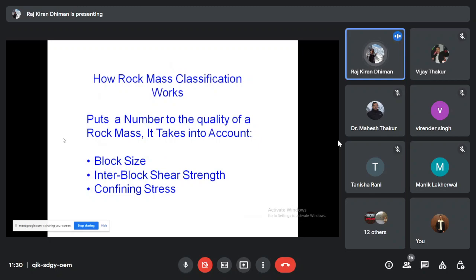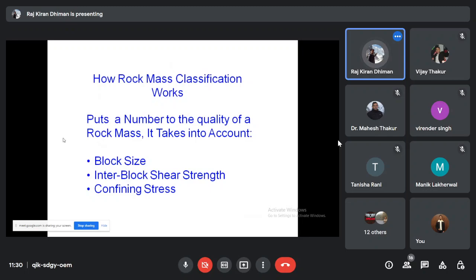See, why I'm explaining all these rock mass classification parameters is because today we are going to talk about slope mass rating. In slope mass rating, we are taking rock mass rating as a base. Rock mass rating is actually a rock mass classification system, right? So we have to understand the major factors that govern the RMR system.